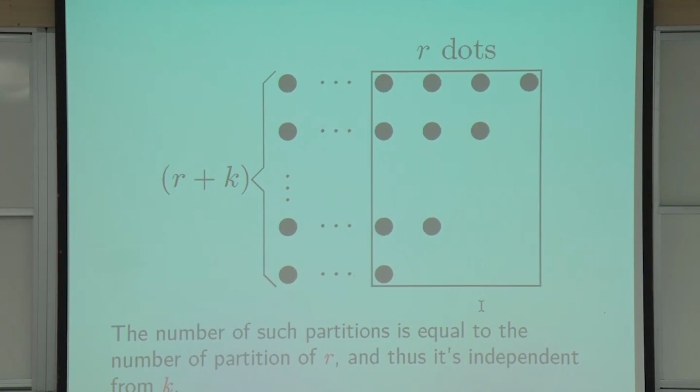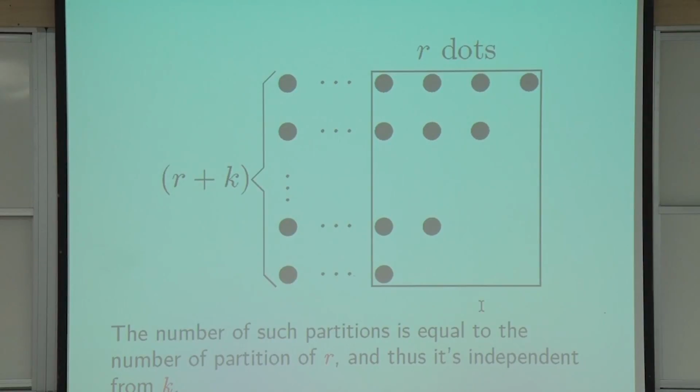So for each way that you can partition the number 2r plus k, it corresponds to a way to partition the number r, and vice versa. If you think of a way to partition r, perhaps r equals r plus 0, 0, 0, then it corresponds to a way to partition 2r plus k.